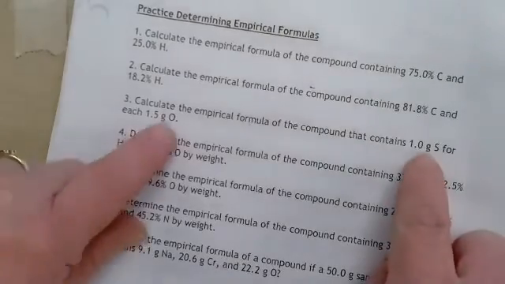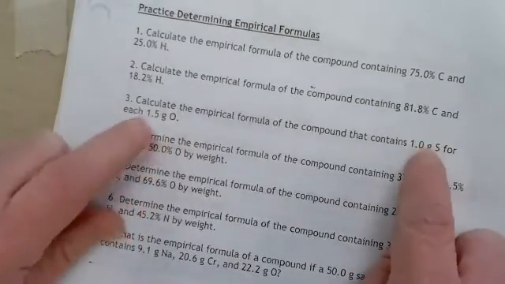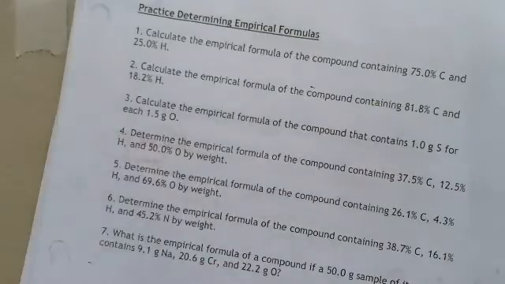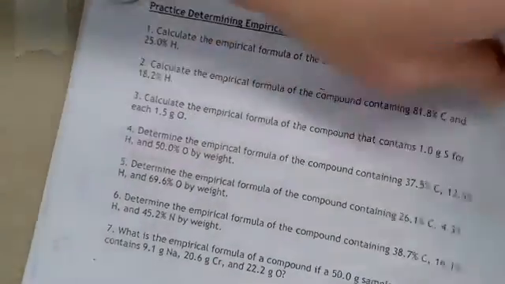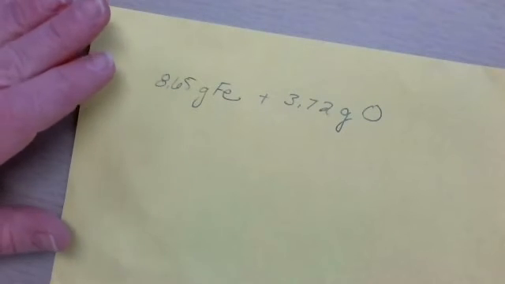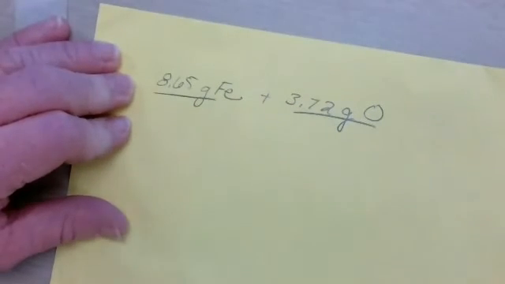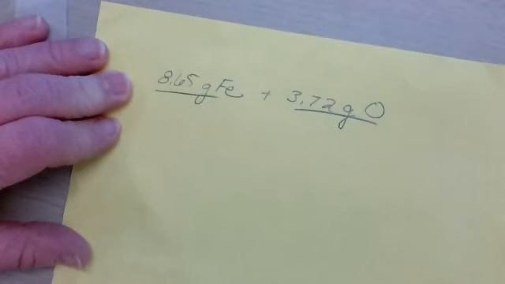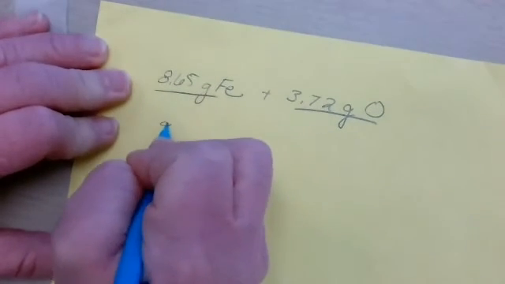Sometimes we start with the mass of the elements, but usually it's percentage because that's what the instrumentation will tell us. Sometimes we go right to the second step. Okay, so Abby, if we have mass of each element, what would we do first? Perfect.